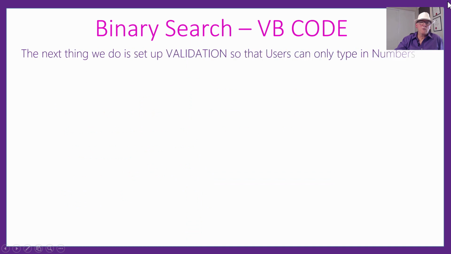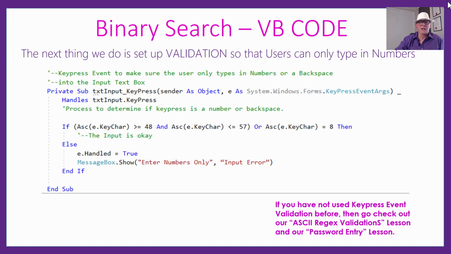Next bit we do is we set up some validation, because we only want them typing numbers into that text box, not letters and other things. So you need to have kind of looked at our ASCII regex validations lesson, or maybe the password entry lesson had this in as well. So you know how to do key press events and how to use ASCII codes.